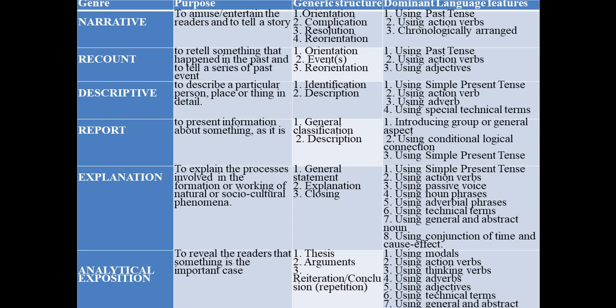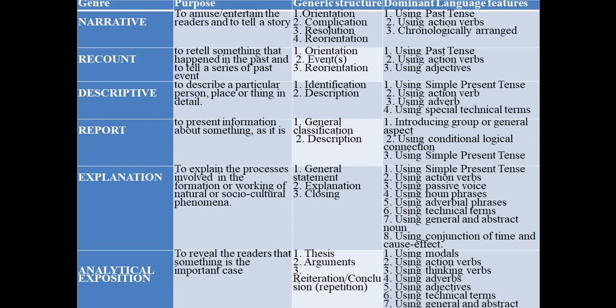So this is the narrative genre type of text. You will always follow the structure. First of all, you should know the purpose of the text, so then you can easily analyze the generic structure.